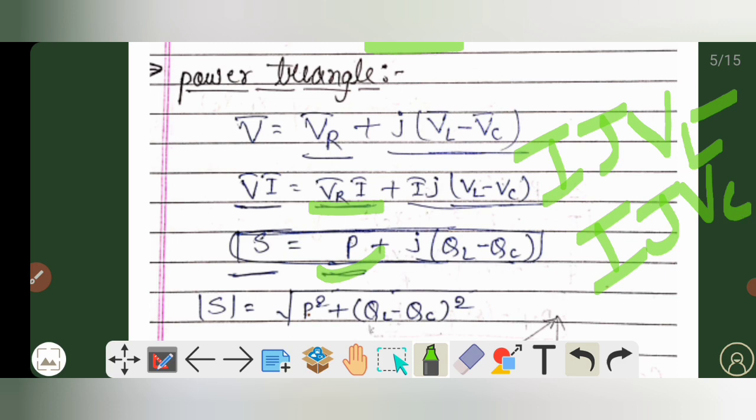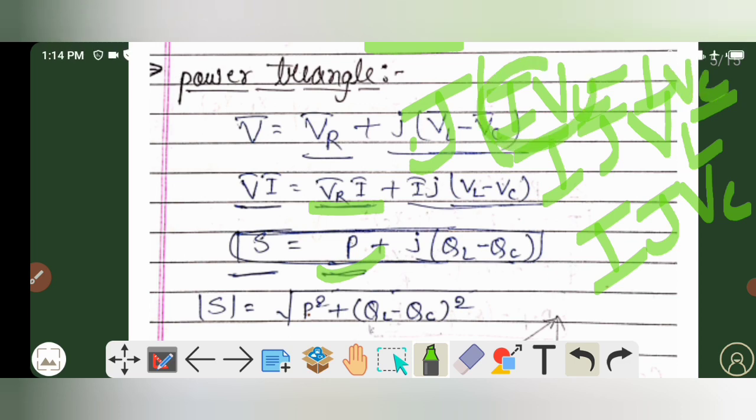Now my dear friends, from this equation, we can write it as, if we take j as common, then that will basically come out to be I into VL, my dear friends, and then minus I into VC. And now my dear friends, here I into VL is denoted by QL and I into VC is denoted by QC, and j is taken as common, my dear friends.